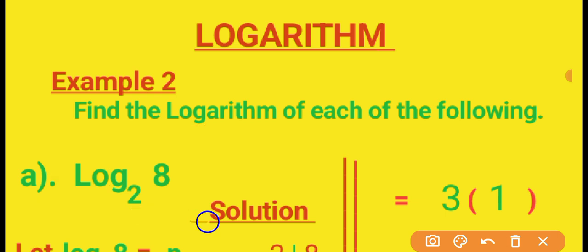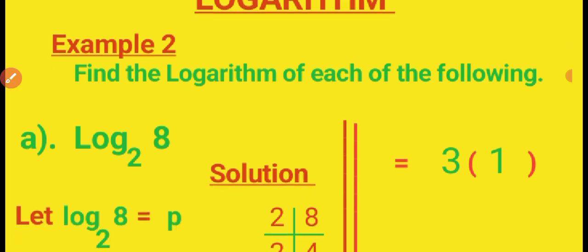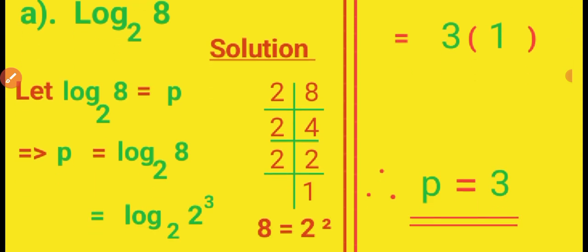we begin with solution. So under solution, we have the work below here. So in this one, under solution, we start by saying let the log to base 2 of 8 be equals to p.